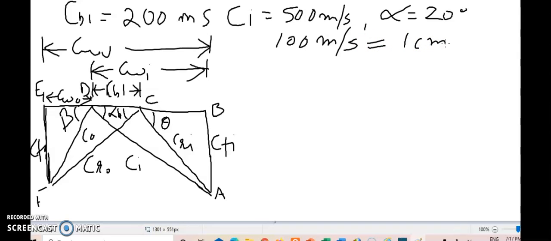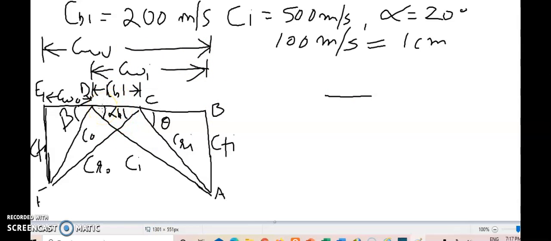So as we know that CBL is equal to 200 meter per second. Fine. So we'll draw a straight line, horizontal one, because this is CBL. So we will draw CBL first. So this will be a straight line of 2 centimeter. Then we will draw this nozzle angle. So the nozzle angle is 20 degree.